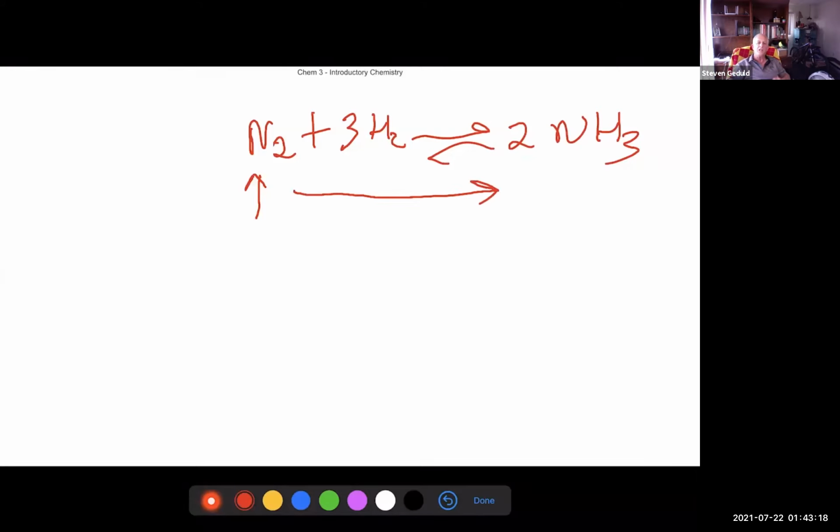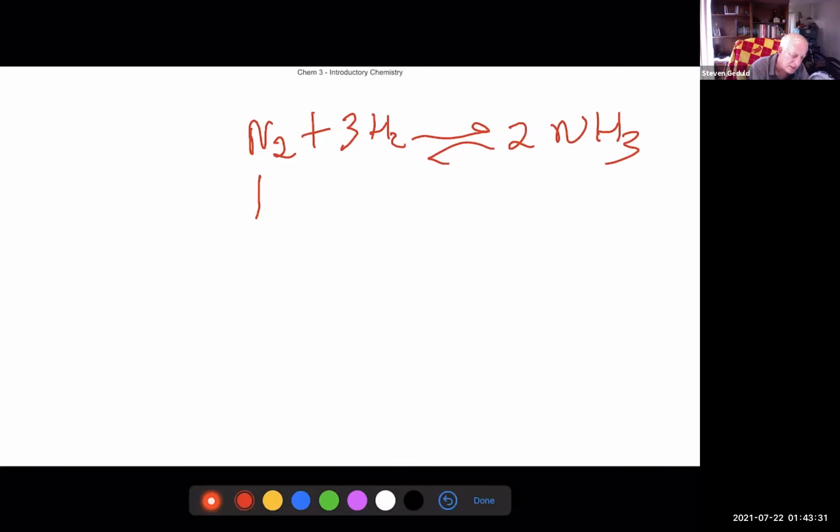If I increase nitrogen, I'm going to decrease the amount of hydrogen because I use it up, and I'm going to increase the amount of ammonia formed. If I decrease the amount of nitrogen, my reaction is going to go this way to make more nitrogen, to bring it back to normal levels. So my NH3 level is going to decrease, my H2 level is going to increase, or the partial pressures.